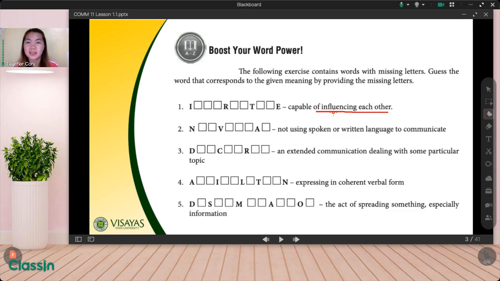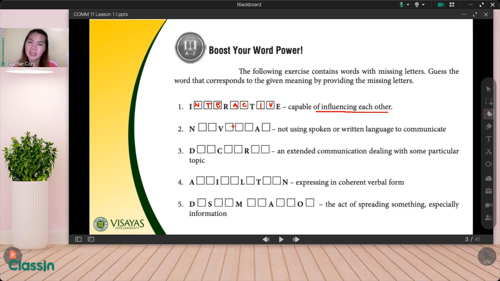I want you to answer this by yourself without looking it up on the internet or in dictionaries. So what is your answer? This is interactive. Yes, interactive. We will be discussing this later.